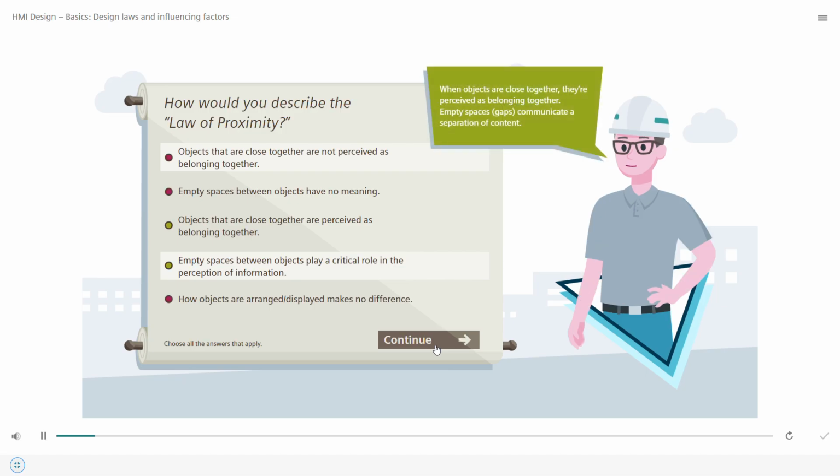When objects are close together, they're perceived as belonging together. Empty spaces communicate a separation of content.